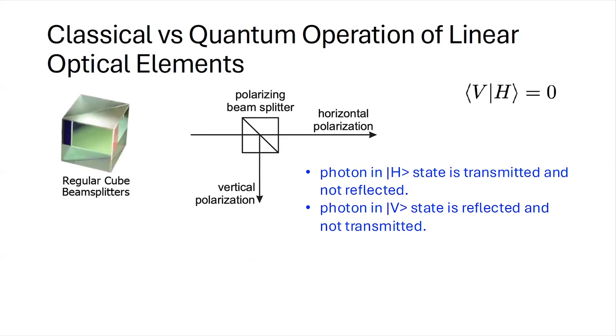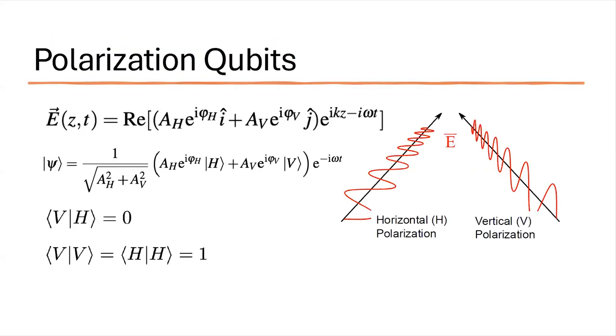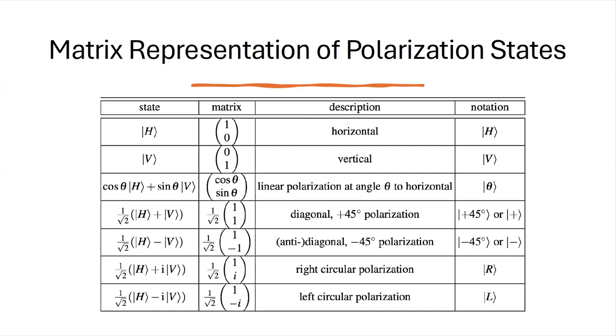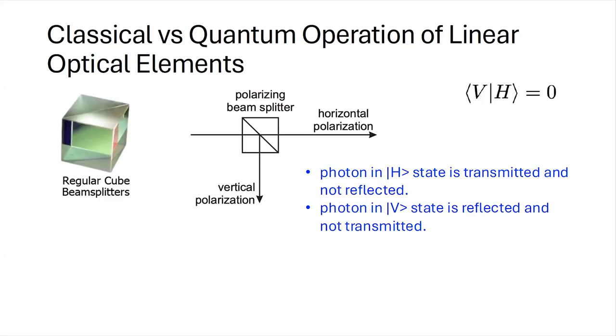Well, how to generate this set of bases uniquely? If you only need a horizontally polarized photon, you can remove the vertical polarization component from the full electric field by passing it through a polarizing beam splitter. A polarizing beam splitter allows splitting of the electric field depending on polarization.